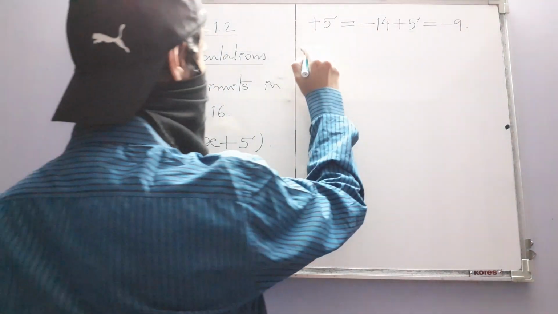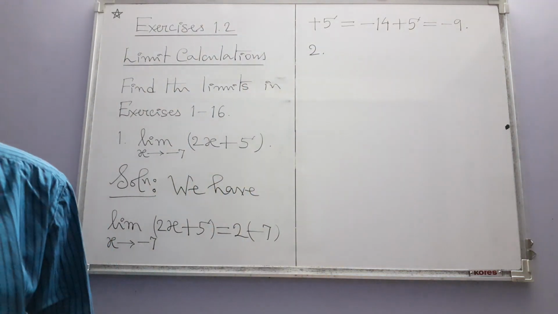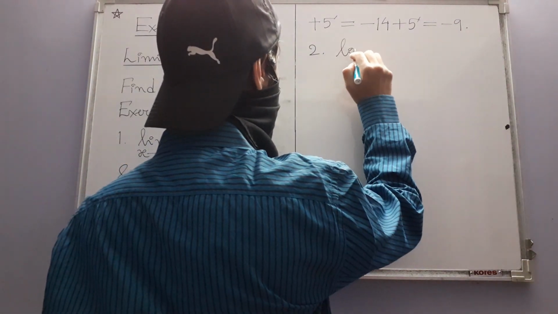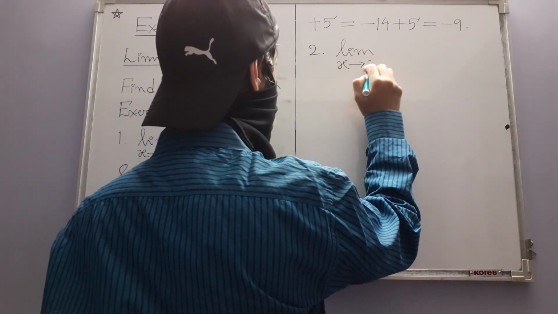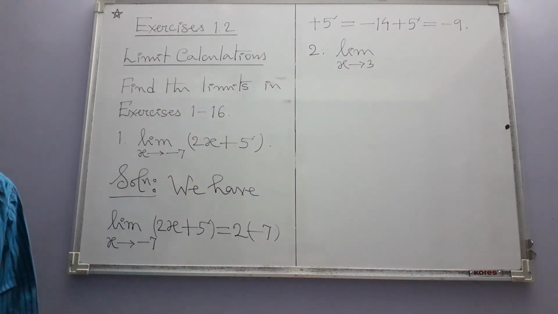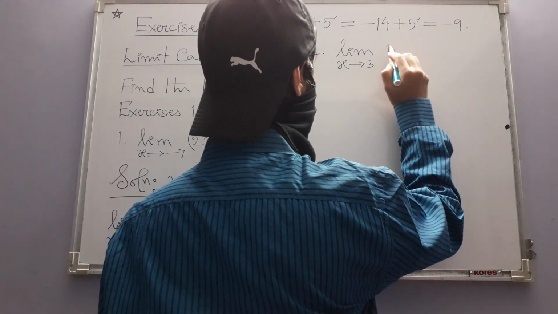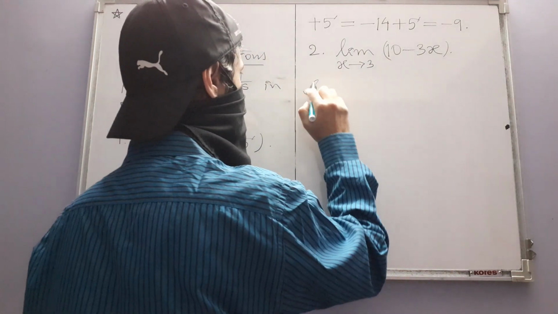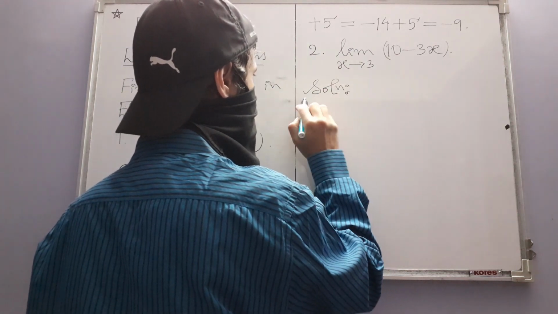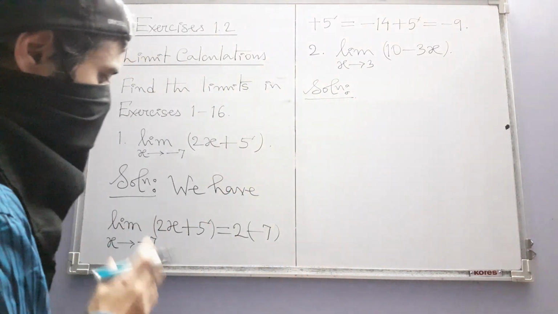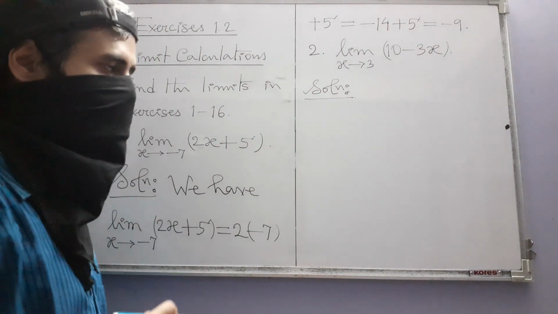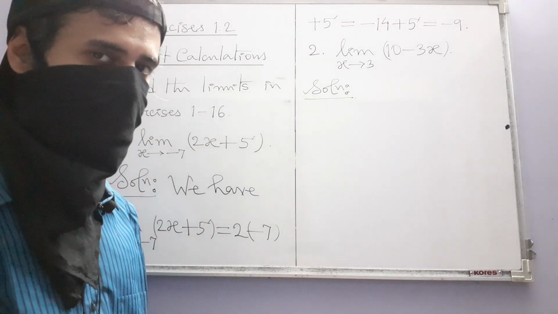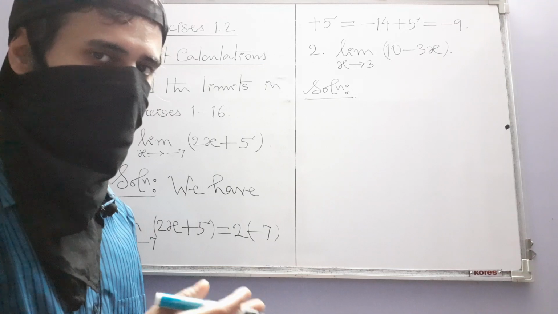Next, the next one is this, limit x tends to 3 of 10 minus 3x. We are able to substitute like this to find the limiting values because these expressions are polynomials, and we have already seen in this section that for polynomials we can do this.